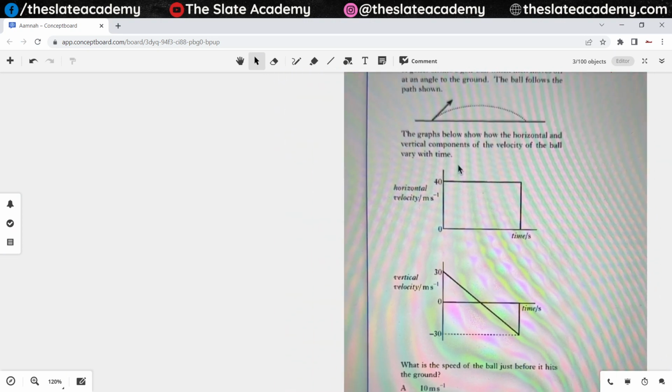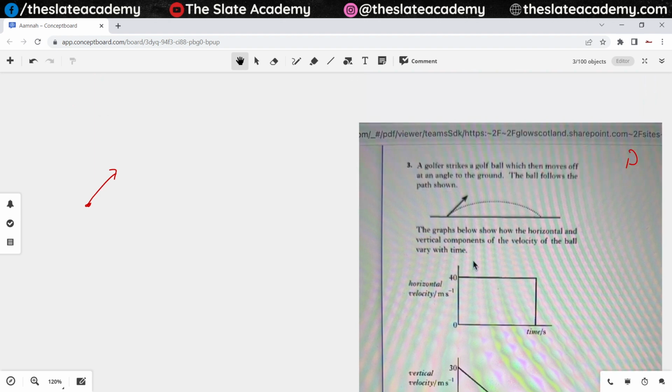For this one, it would do us good if we have a quick refresher of projectiles. For a projectile motion, what happens? If I strike something off at an angle and it follows this curved path, the initial motion can be broken down into two components, the vertical component as well as the horizontal component of the velocity.